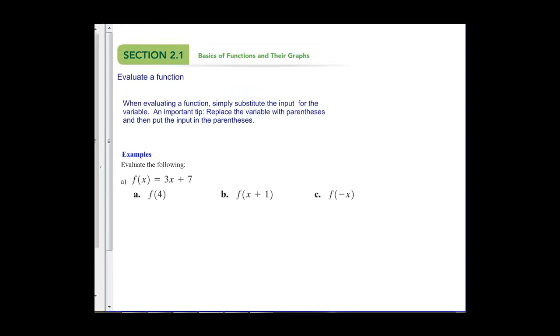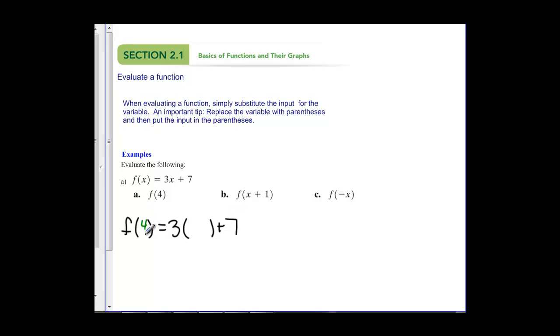Okay, so let's evaluate some of these. If I tell you f of x equals 3x plus 7, and I say find f of 4, what are you doing? Yeah, you're going to multiply 3 times 4 and then add 7. My suggestion is to think of it as f of whatever equals 3 times the whatever plus 7.